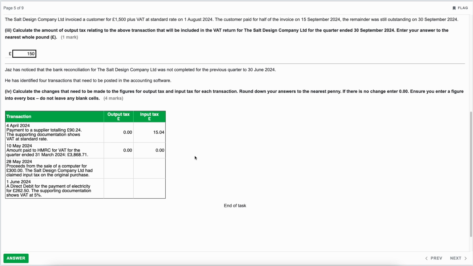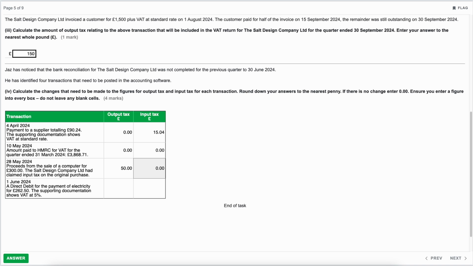So the VAT would be included within that £300. So all we would do, as we know, £300 divided by 6 to get the VAT included within that amount, which would be £50. So we'd enter in £50. And that would be paid across to HMRC. And we'll enter in our 0.00. As I said, it does say do not leave any blank cells.